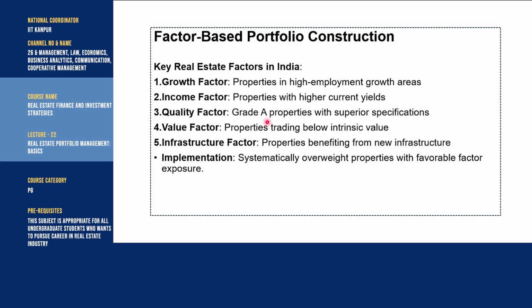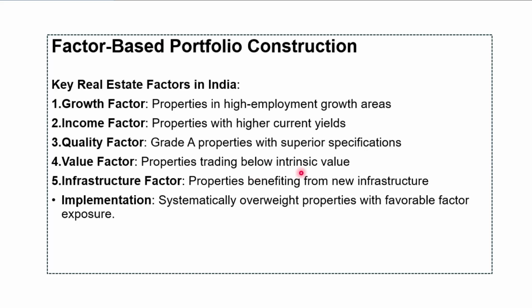And then we have value factors, which seek properties trading below intrinsic value, assets where market price doesn't reflect the underlying worth, often because of temporary market conditions or seller distress. And then the infrastructure factor, which targets properties benefiting from new infrastructure development like a metro line, highway connection, airport expansion or IT corridor development.